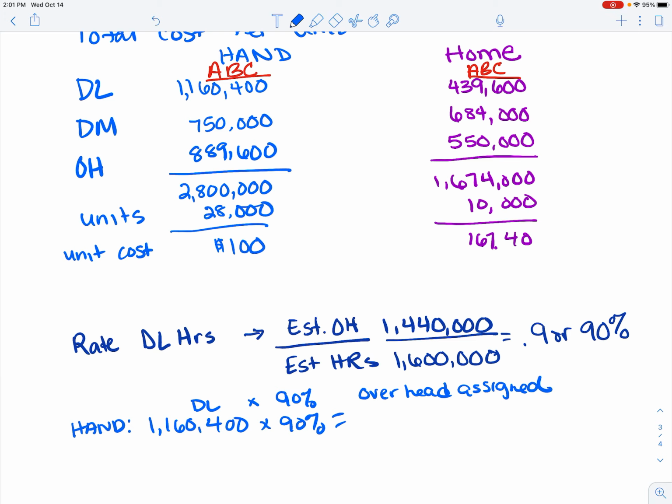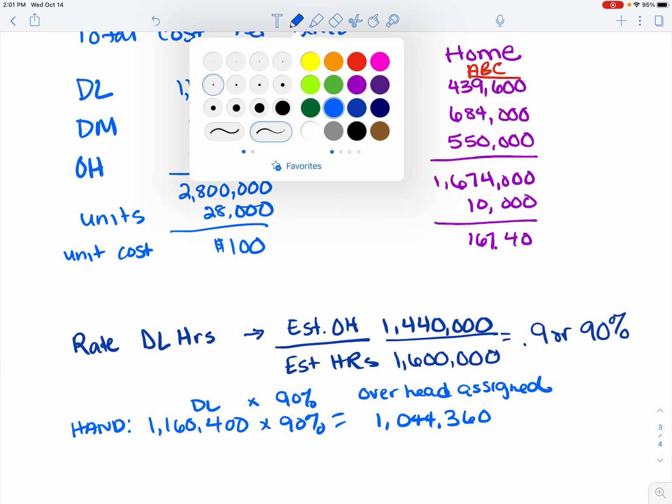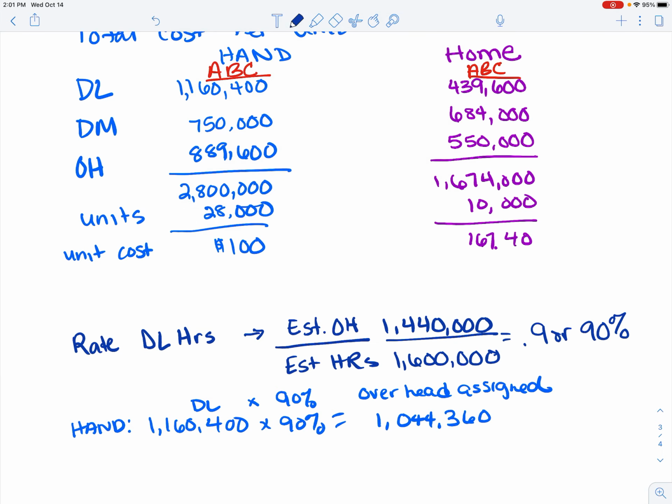My overhead assigned then would be, if I did the math right, 360. I'm going to change this color a little bit so you can see the difference. And I'm going to put that over here in my overhead column.